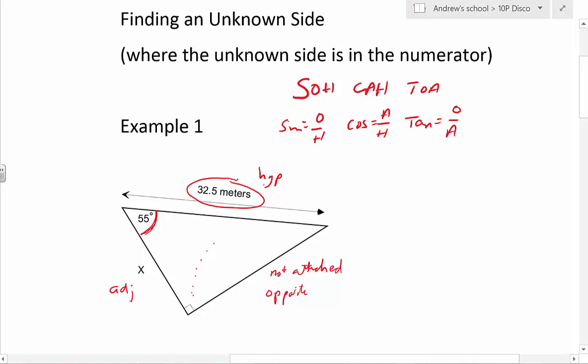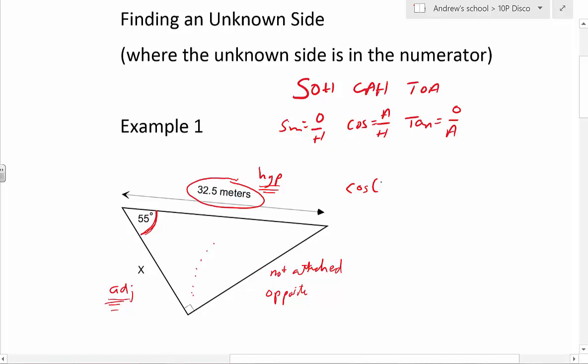So in our question we're dealing with the hypotenuse, the known side, and the adjacent, the side we want to find. So which of the ratios involves the hypotenuse and the adjacent? And you'll see that it's cosine. So write down what we know.